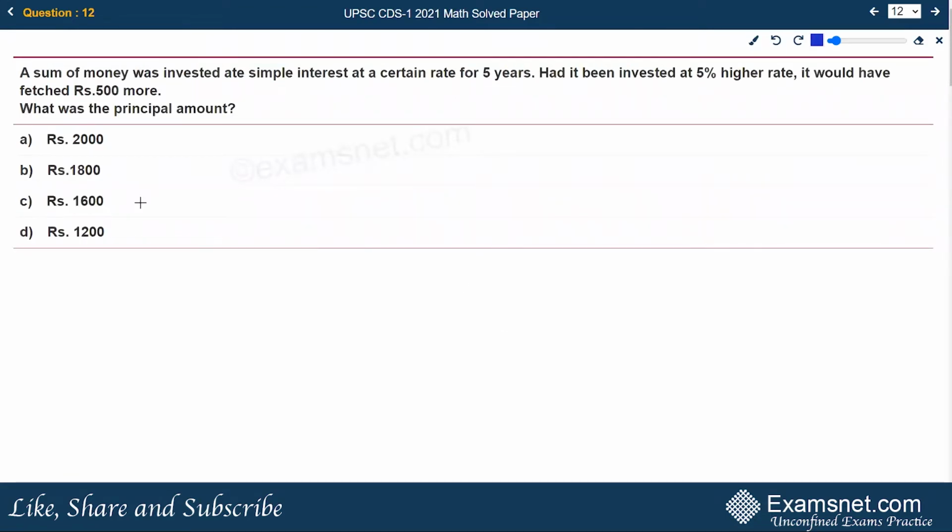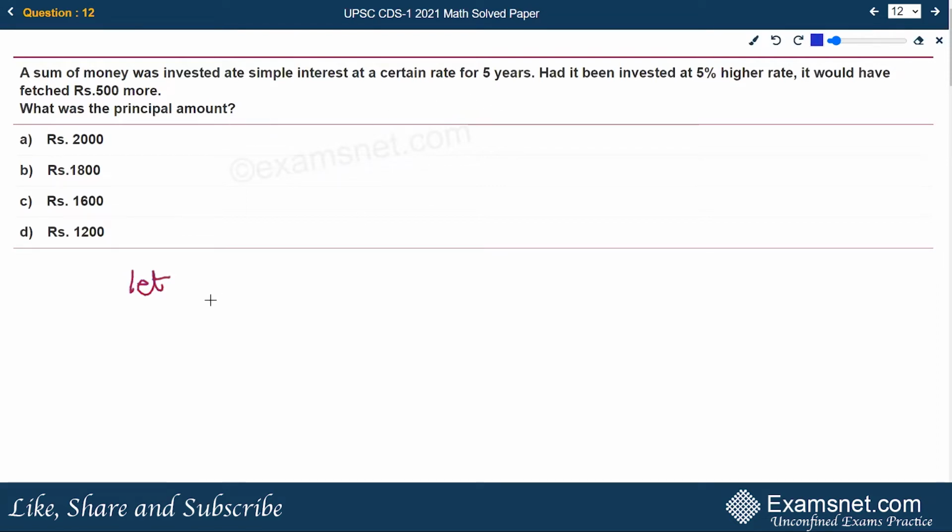In question number 12, we are given a sum of money invested at simple interest at a certain rate for 5 years. Had it been invested at a 5% higher rate, it would have fetched rupees 500 more. What was the principal amount? We are not aware of the principal amount or rate of interest, right?